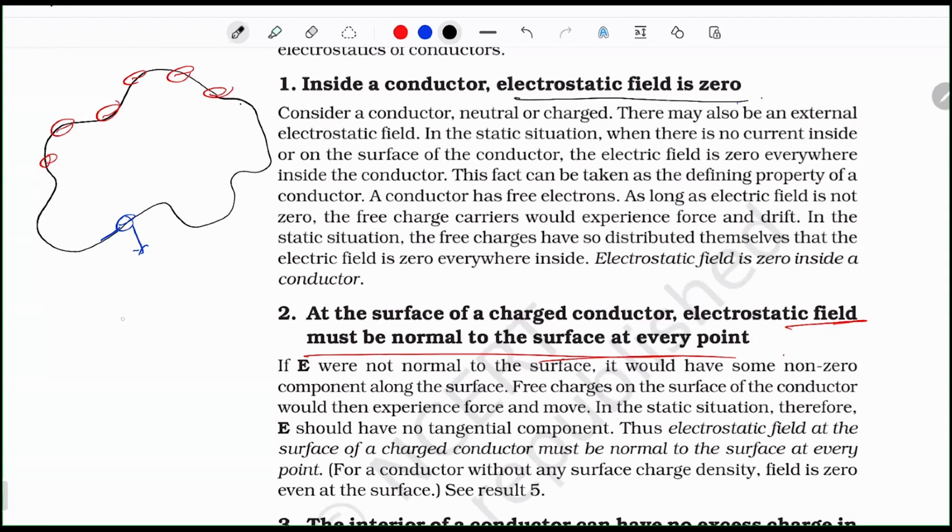As we saw from the definition in the last session, the change in the potential is the integral of E dot dl with a negative sign from point A to point B. Now, if the electrostatic field is zero at all points, this integral is clearly zero. So the change in potential is zero. So the potential is the same between any two points in the conductor, which means the potential is the same at any point in the conductor.